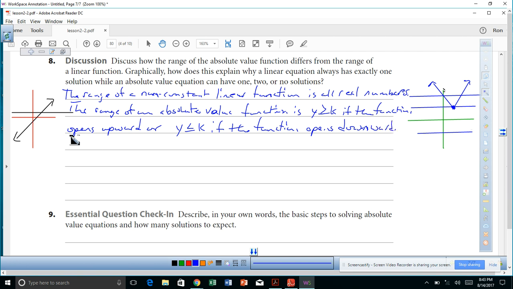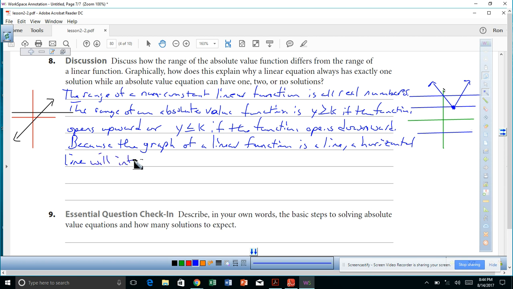Because the graph of a linear function is a line, a horizontal line will intersect it only once.